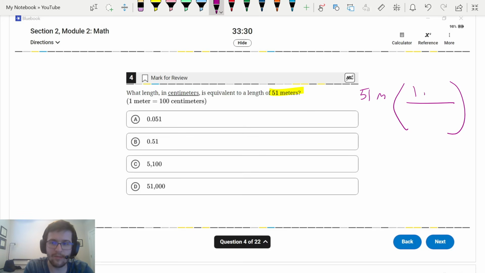So let's say I did 1 meter over 100 centimeters. The units need to be on opposite sides of the division sign for them to cancel. So I see, oh, nothing cancels. Maybe I did something wrong. Let me flip it. Okay, 100 centimeters over 1 meter. Now the meters are on opposite sides, so it cancels. So now you just go to your calculator and type in 51 times 100 over 1. And you should get 5,100 centimeters.